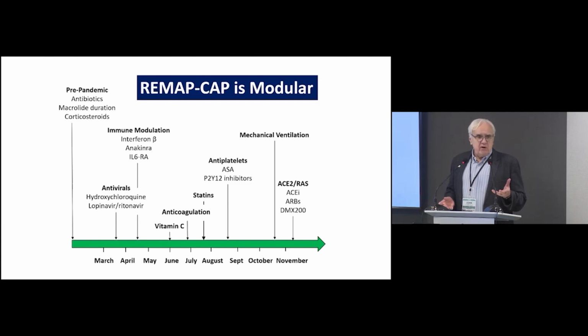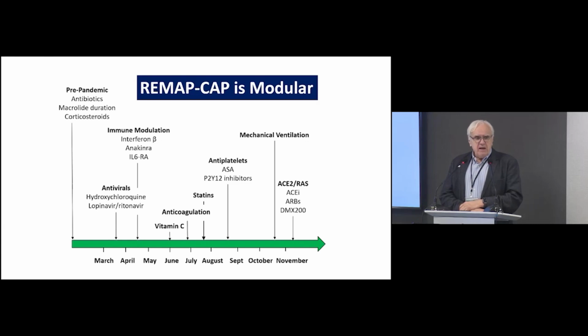Very early it became obvious that patients with COVID-19 developed coagulopathy and clotted readily. So antiplatelet agents and anticoagulation were added to it. Statins seemed to make sense both based on previous work and on the potential anti-inflammatory activities. We realized as we were going that we didn't really have a domain studying mechanical ventilation, and that was pretty important, so we added that.